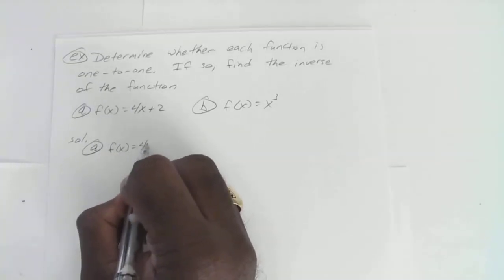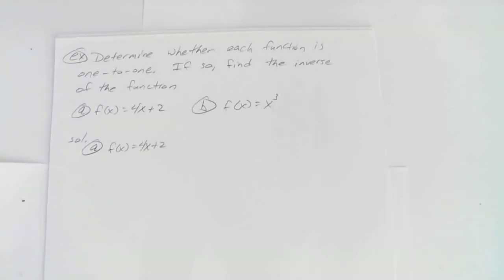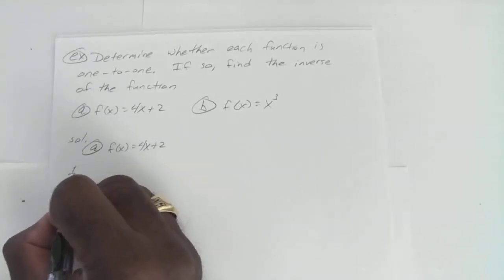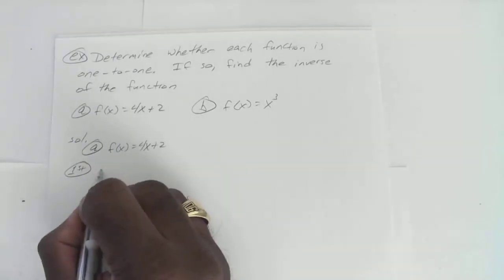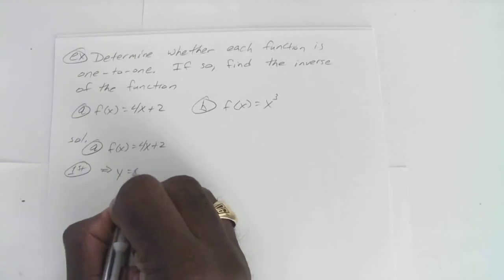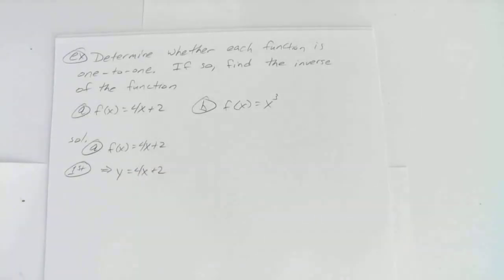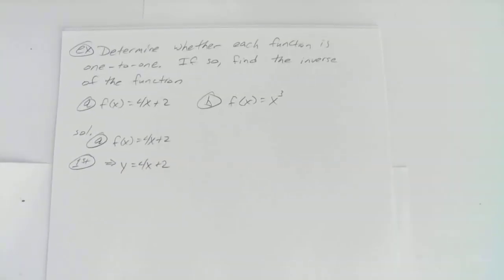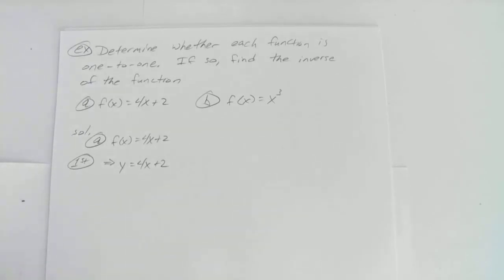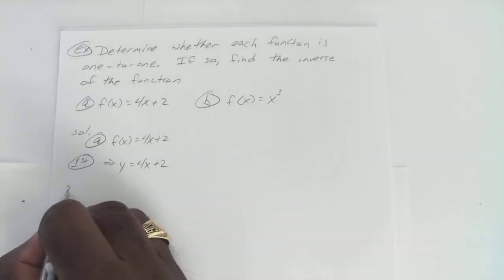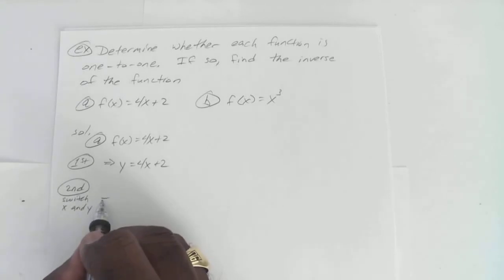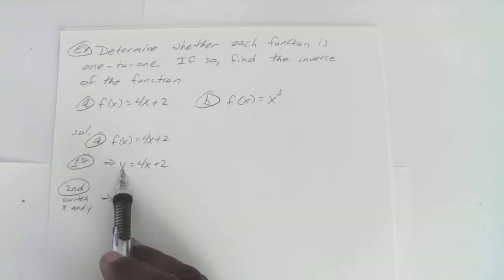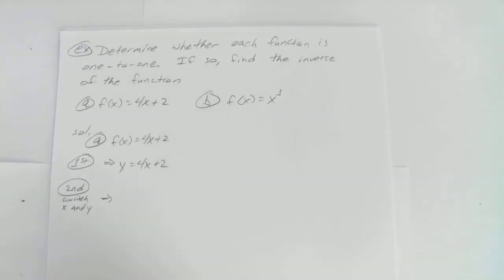So f of x equals 4x plus 2. Remember the first step, replace f of x with y. So that gives us y equals 4x plus 2. Okay. Remember your second step, you're going to interchange your x and y values. Switch x and y. So that means all your y's become x and all your x's will become y.